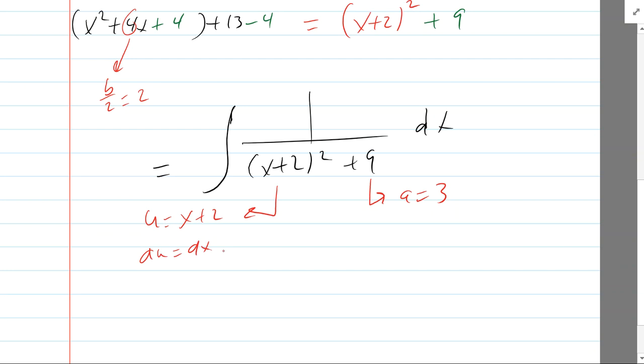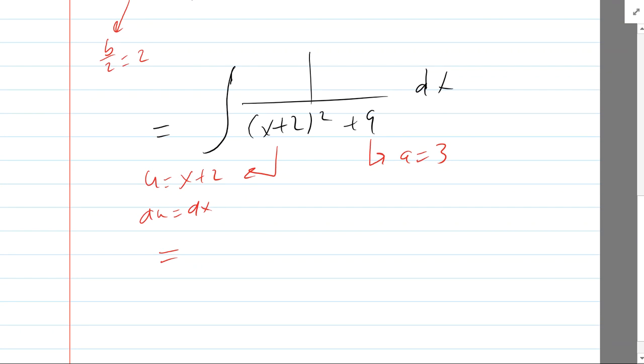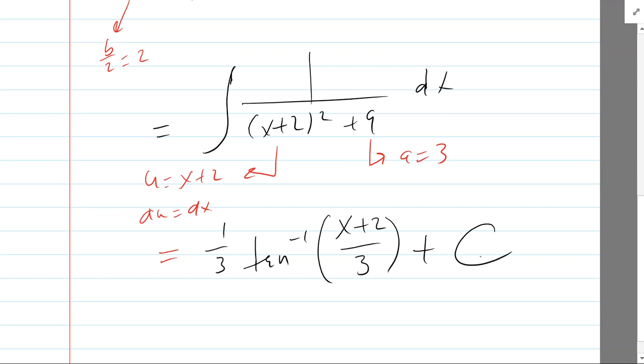Can I write the inverse trig for this? Which one is this one? If it's u squared plus a squared in the denominator, it's inverse tangent. So this is going to equal 1/3 tangent inverse of my u, which is x plus 2 over 3, plus c.